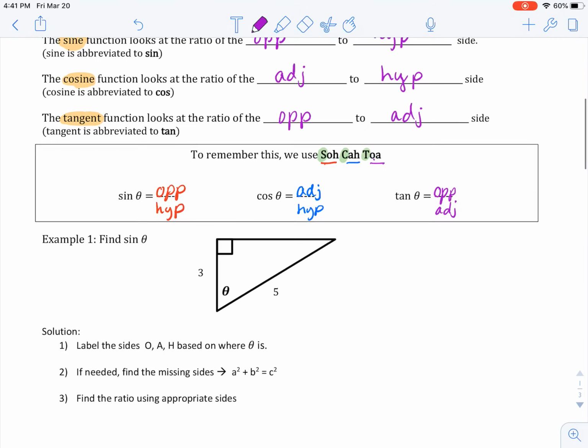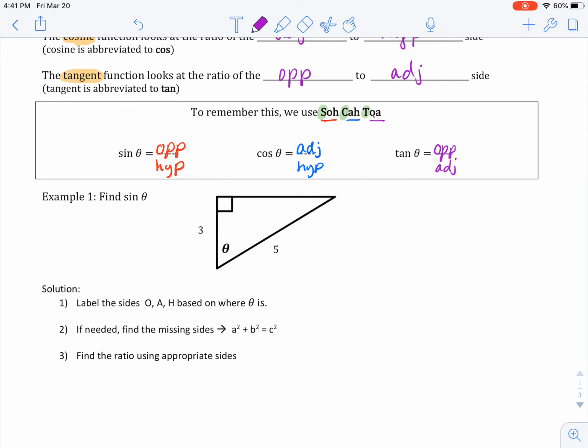Okay, so now we're going to apply this to a couple examples. So example 1, find the sine of theta. So the first thing I want to do is determine what sides I need. Since the sine of theta is opposite over hypotenuse, those are the two sides that I need.